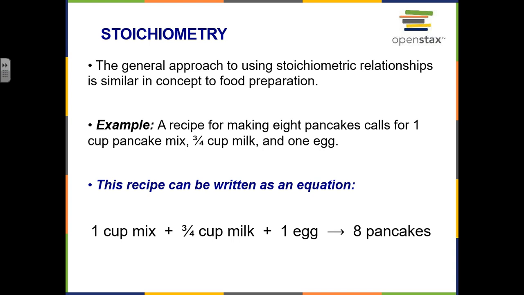Let's say that a recipe for 8 pancakes called for 1 cup of pancake mix, 3/4 cup of milk, and 1 egg. So the recipe would be written as 1 cup mix plus 3/4 cup of milk plus 1 egg yields 8 pancakes. If you were trying to make 8 pancakes, this would be the ideal scenario.